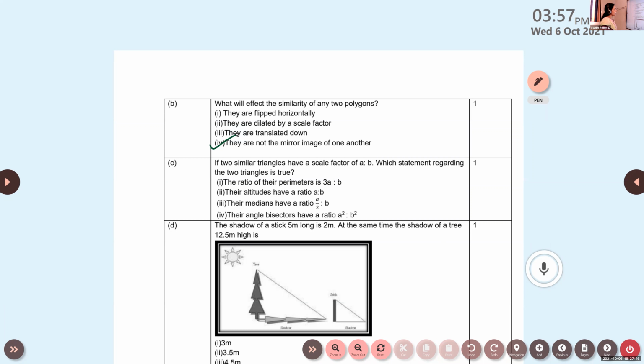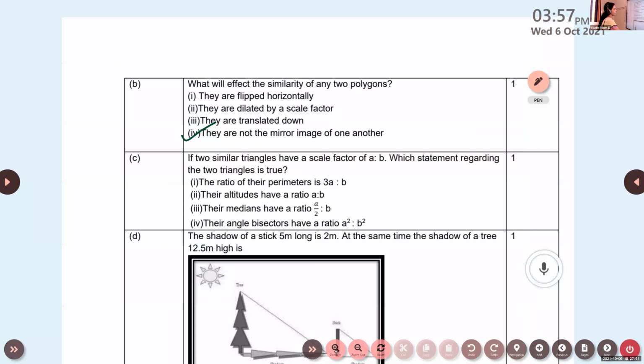Now, the next one. If 2 similar triangles have the scale factor A is to B, which statement regarding the 2 triangles is true? Which statement is true?